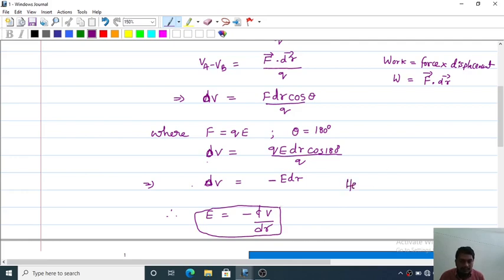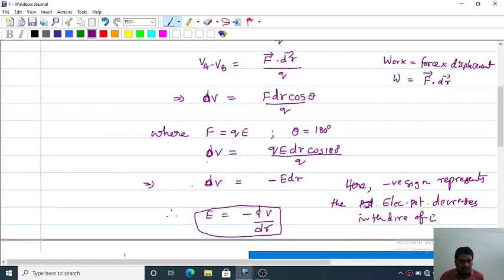Here the negative sign represents that electric potential decreases in the direction of the electric field.